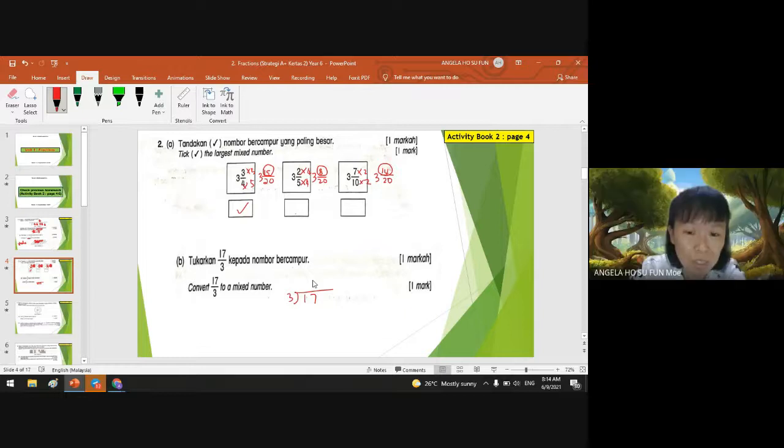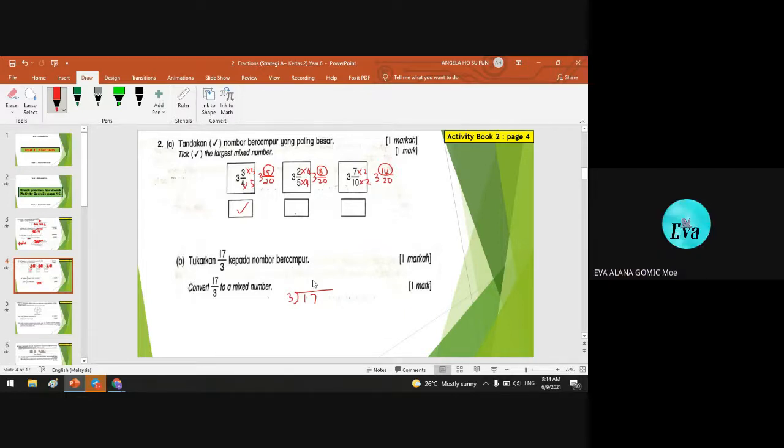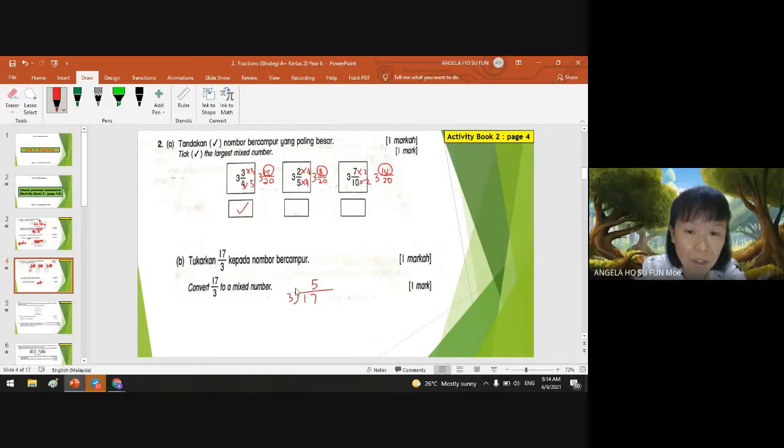So 3 times what is 15? 5. So 3 times 5 is 15, so you write down 15 here. So you minus. 17 minus 15 is 2.